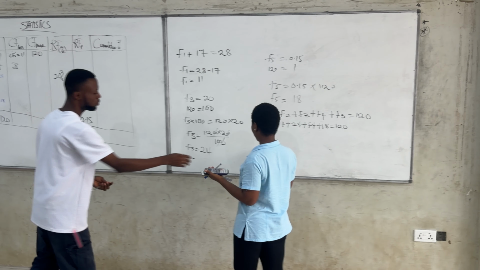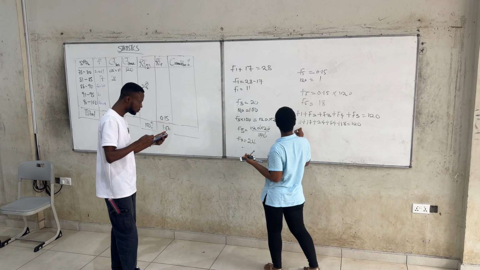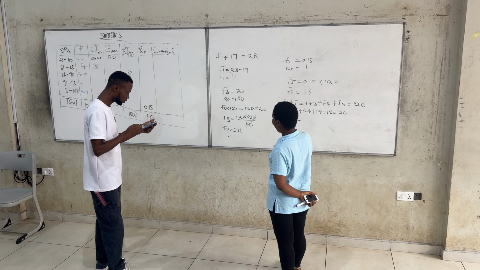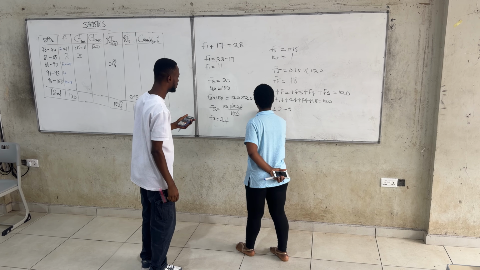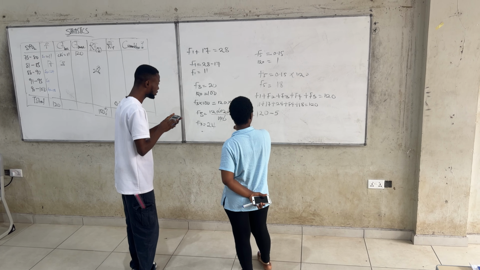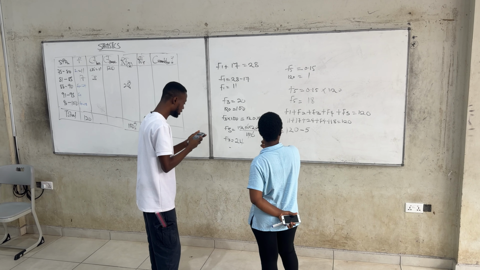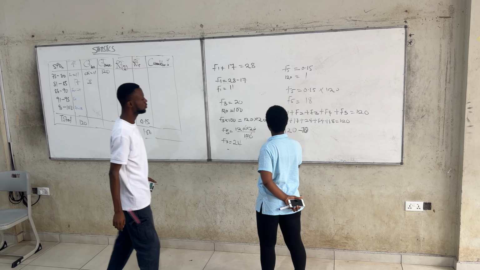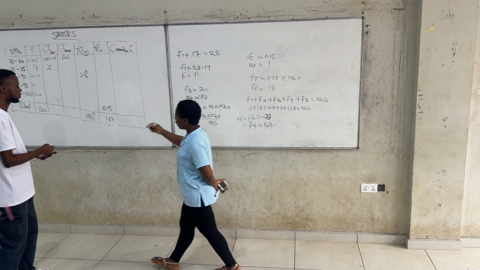So we'll do the math. I'm not a mathematician, so we just do it. So therefore F4 equals 50.